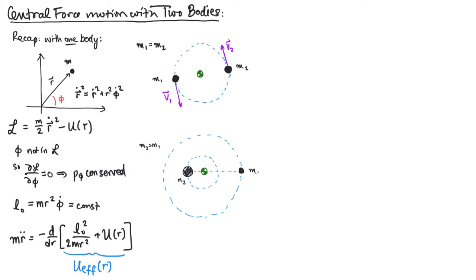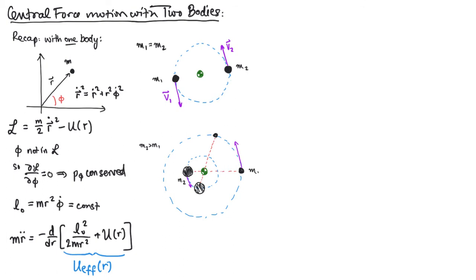So if mass 2 moves down here and mass 1 moves up here, sometime later mass 2 will be there, and you can tell that mass 1 has to be on the other side of the center of mass, like so. Okay. So the center of mass won't move. The two masses have to always be on a line connecting those 3 points, the two objects and the center of mass, and the system will orbit in this way forever.